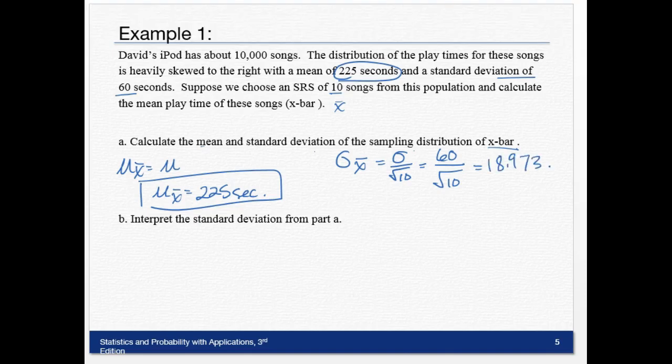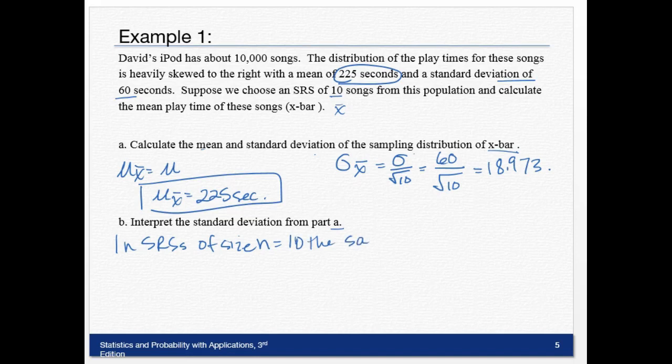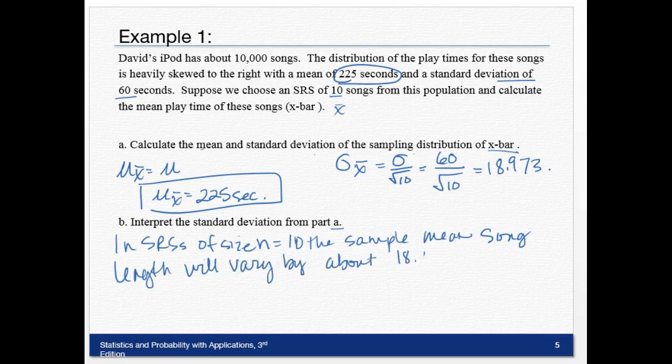Okay? So interpreting the standard deviation from part A, here's how I would interpret that. I would say in simple random samples of size n equals 10, the sample mean song length will vary by about 18.97 seconds from the true mean of 225.